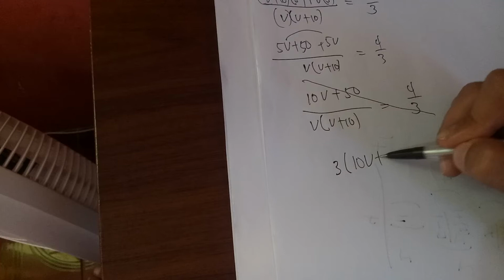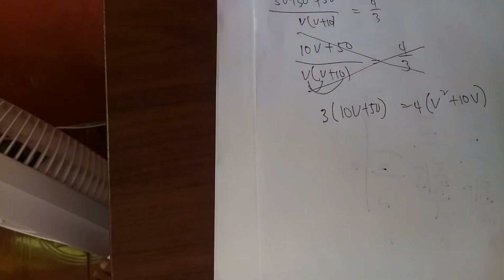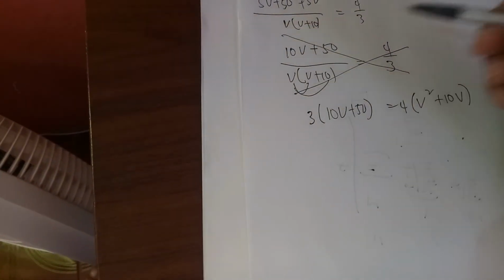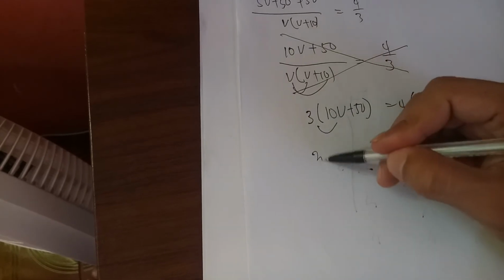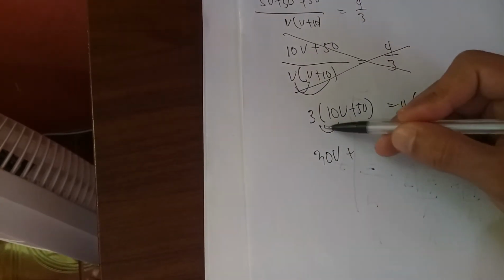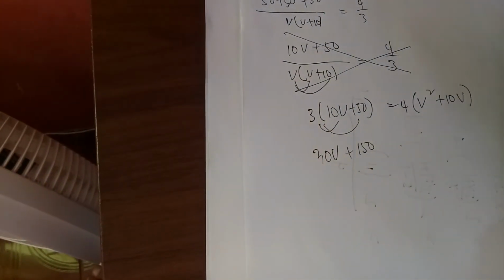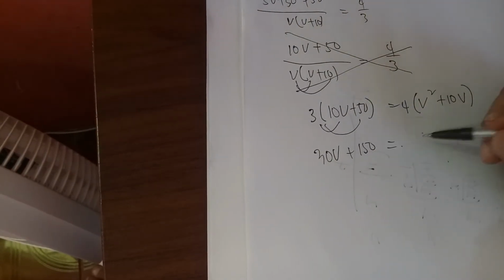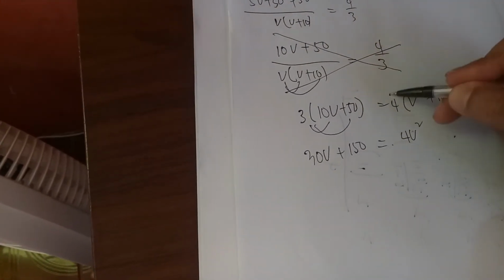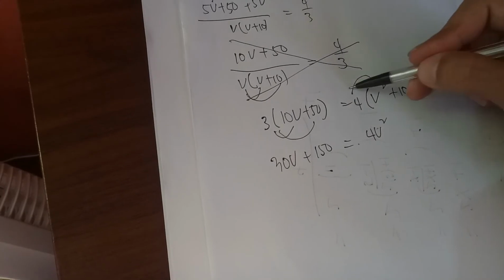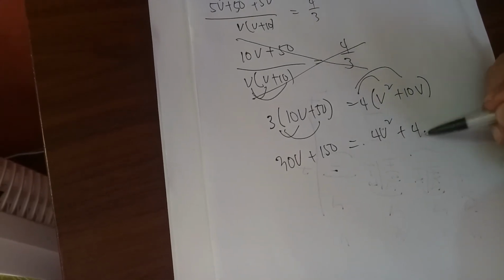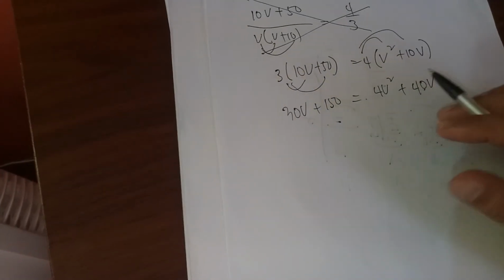This is v squared plus 10v. Okay, now let us simplify. 30v plus 150 is equal to 4v squared plus 40v.